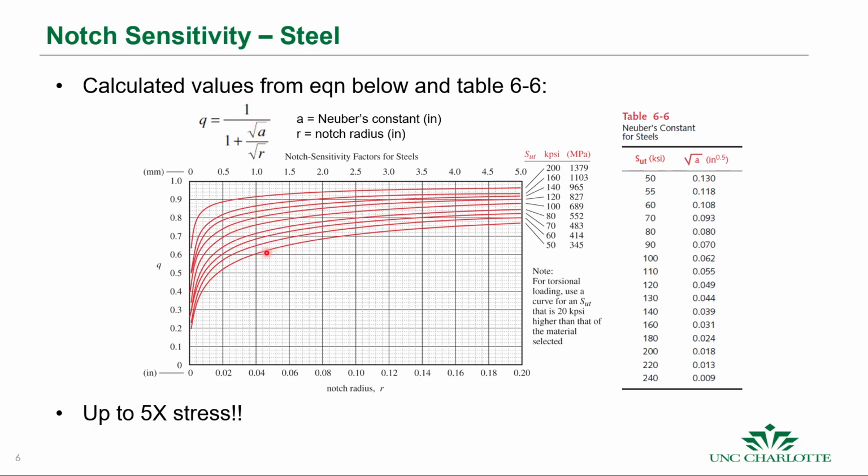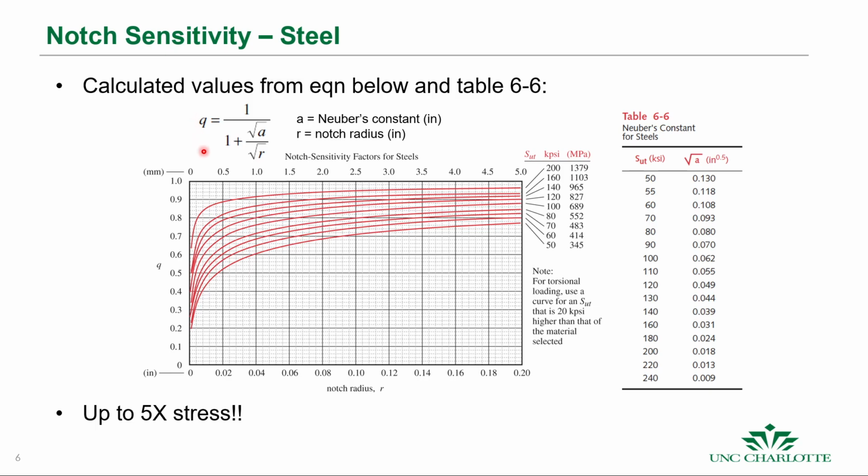Notice how we get these different lines, and these different lines are for these different materials that have these different ultimate tensile strengths. Okay, and for steels, we can look up their ultimate tensile strength and then come over here and find the Neuber constant, and then we can go over here and plug in the notch radius to find the notch sensitivity, and then modify our stress concentration factors.